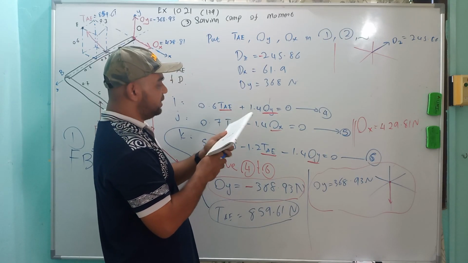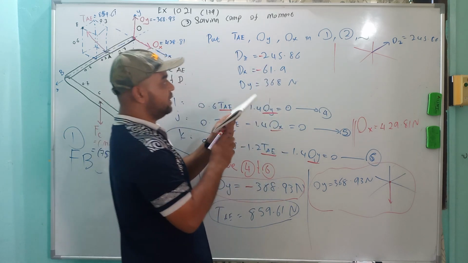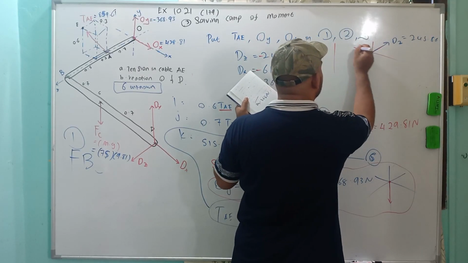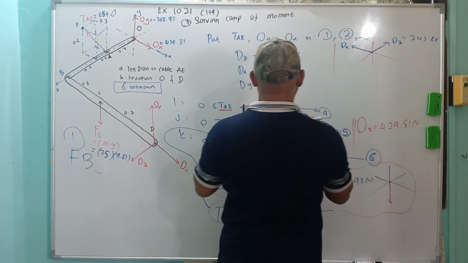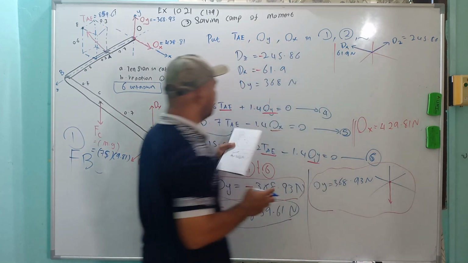You will have also the dx equal to negative, which means that the dx is also opposite direction by value 61.9 Newton.